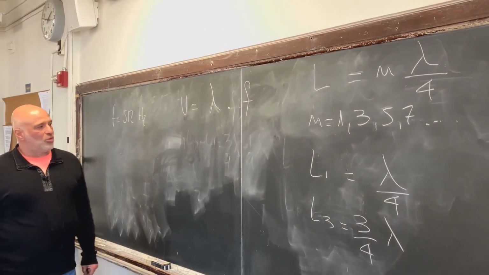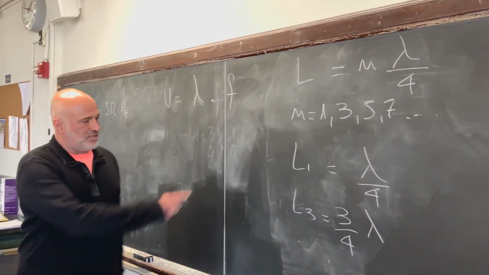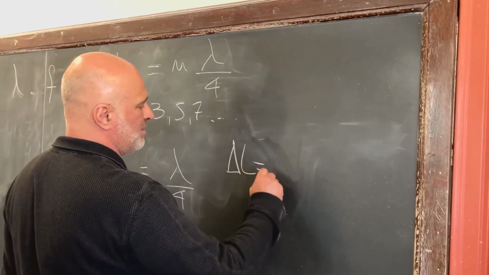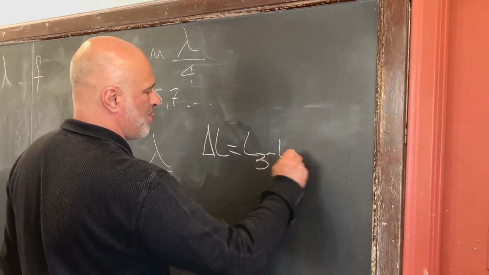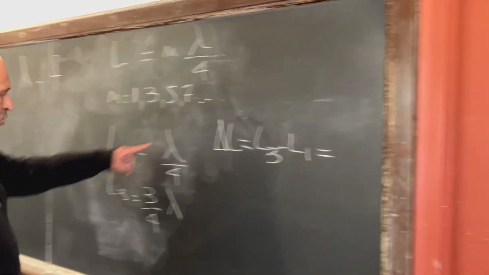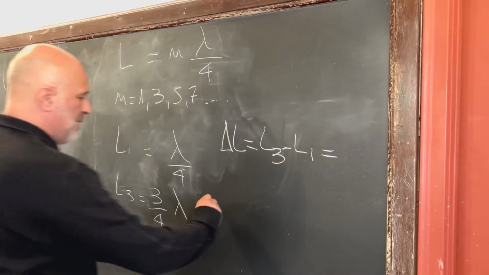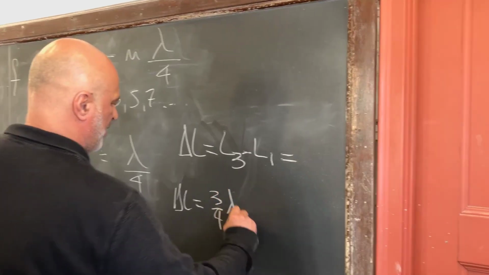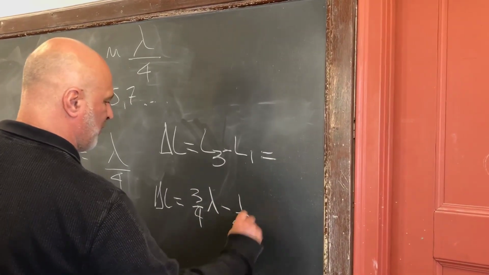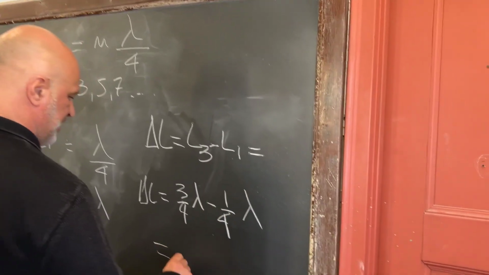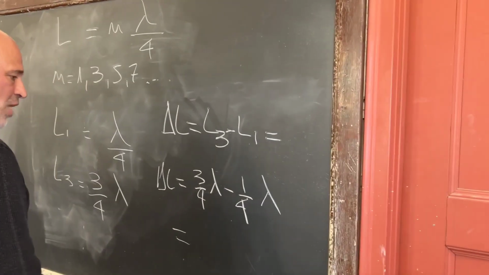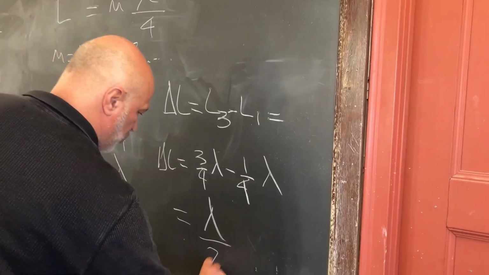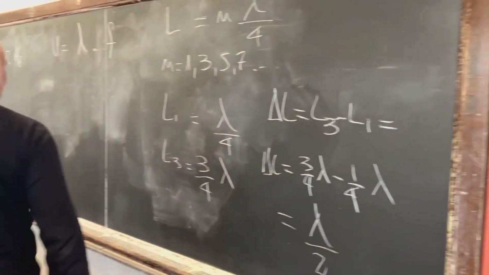So we are going to determine the difference between L3 and L1, delta L, which is 3/4 of lambda minus 1/4 of lambda, and 3/4 minus 1/4 is 1/2, so this means that delta L is equal to lambda over 2.